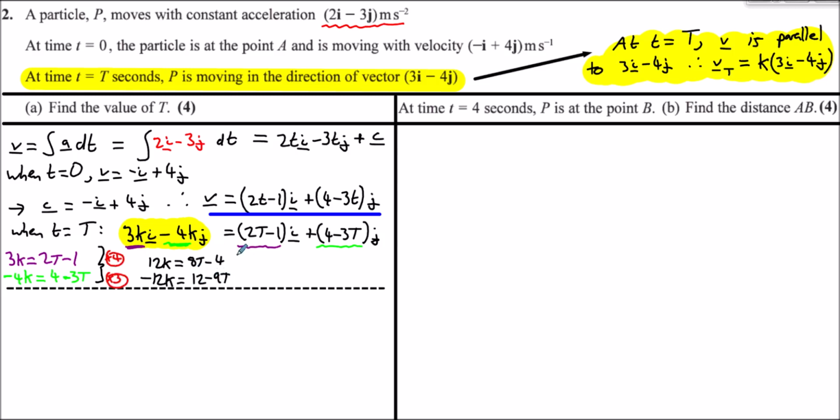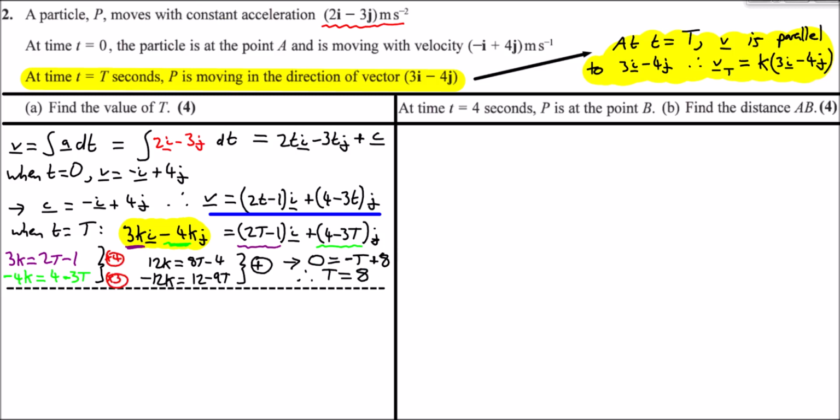And I can combine these together by adding them. The k's will cancel, 12k plus minus 12k disappears, so I get 0. 8t minus 9t is minus t, and then minus 4 plus 12 is, of course, 8. So therefore, t equals 8.